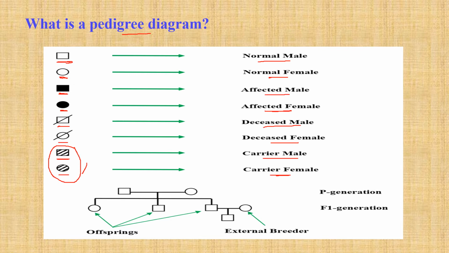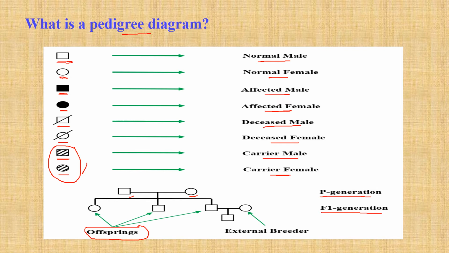Now below is a pedigree diagram. A cross between the parents, that is the man and the woman, is usually known as the parent generation or the P generation. The offspring that originate from this cross are usually known as the F1 generation, or the first filial generation.